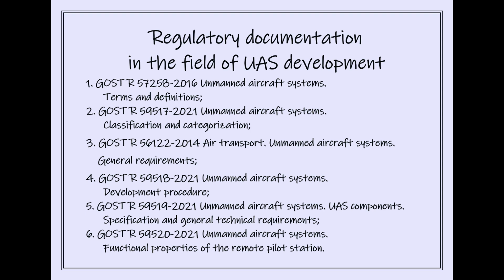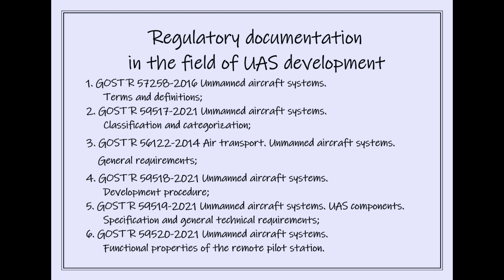The next standard is GOST 59519, Unmanned Aircraft Systems, Components of Unmanned Aircraft Systems. This standard establishes the composition, specification of unmanned aircraft systems and general technical requirements for system components. In terms of general requirements, it refers to GOST 56122 which we have already considered, Unmanned Aircraft System General Requirements.